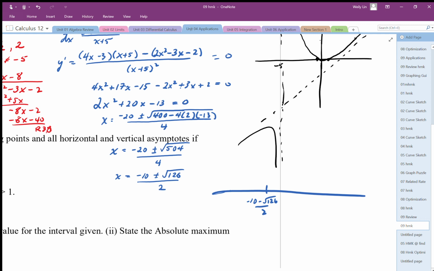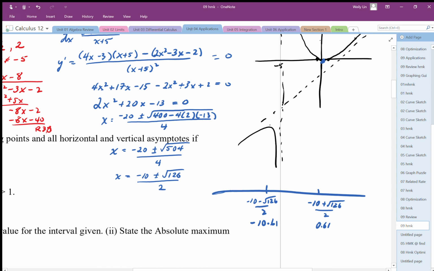Negative 10 minus the square root of 126, all divided by 2. That's about negative 10.61. And then we have another point over here. It looks like that one is going to be 0.61, which is 10 plus root 126 over 2, approximately 0.61. So there's my min point here.